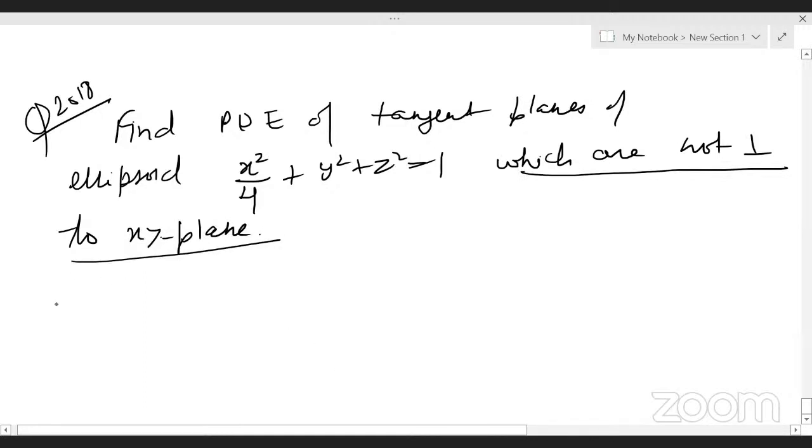So first thing is you need the knowledge of conicoids. What knowledge is required? How to write the equation of tangent planes.